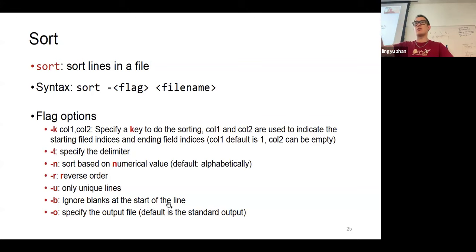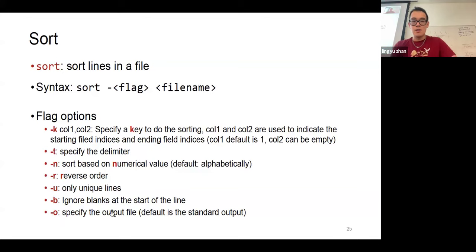For example, if some lines start with leading white spaces, those will come to the very first because they are considered the topmost in the alphabetical order. However, if you don't want to treat those white spaces as there, then you want to add this -b flag.